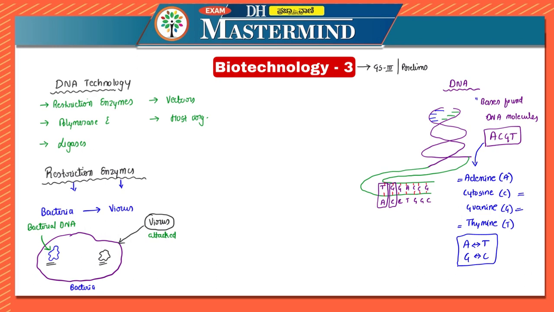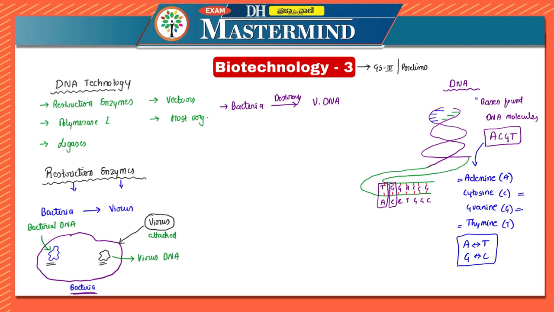So this is the viral DNA. Now there are two DNAs: one is bacterial DNA and the other one is viral DNA. Now the process starts. The first thing the bacterium has to do is destroy the viral DNA.